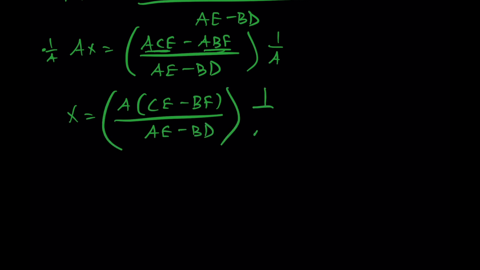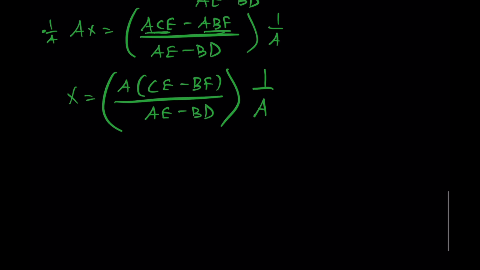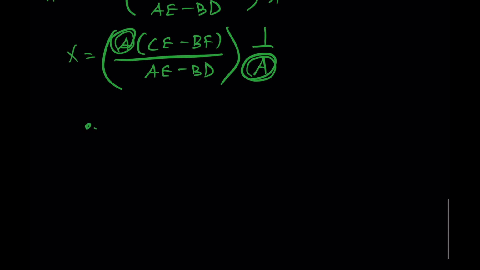That's times 1 over a. So notice we have this a over here on the numerator and on the denominator. Those go away. So therefore, x is equal to ce minus bf over ae minus bd.